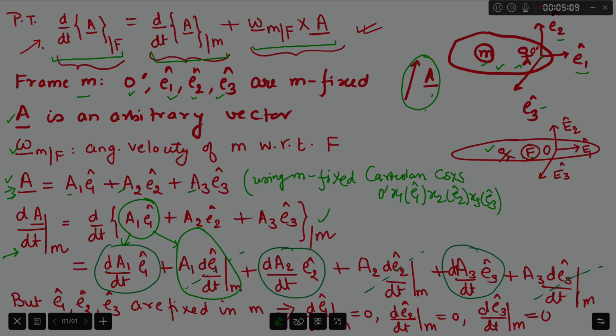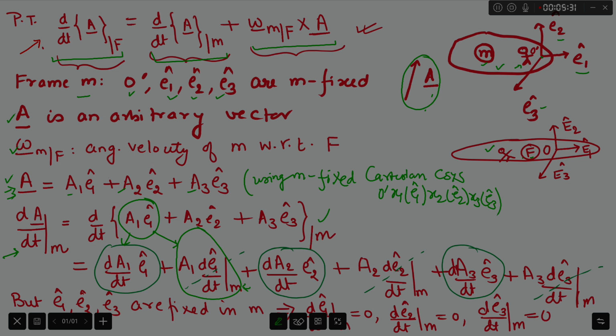Since A1 is a scalar, there is no need to put the baggage, whether it is with respect to F or M, doesn't matter. But when the derivative is of a vector, you must specify the rate of change is with respect to which reference frame.